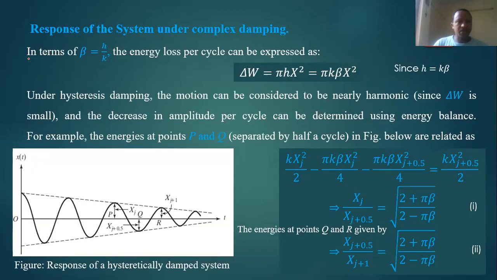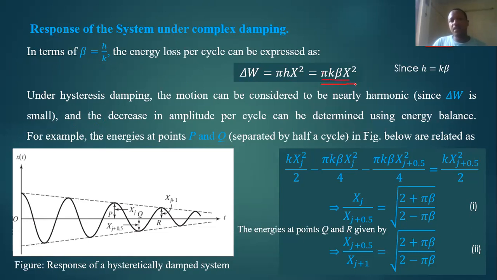So in terms of beta, which is equal to H over K, the energy loss per cycle can be expressed as delta W is equal to pi H x squared. So instead of H, we can represent H as beta times K. Then we substitute it.